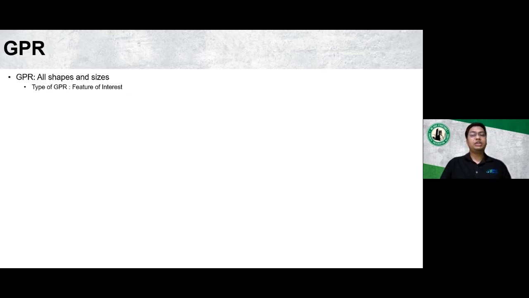GPRs can come in all shapes and sizes, and depending on the feature of interest, the frequency of the electromagnetic waves or the GPR antenna used to probe the structure should be selected. Since the signal penetration and the spatial resolution is dependent on the wave frequency used, selecting the right type of antenna is highly critical.